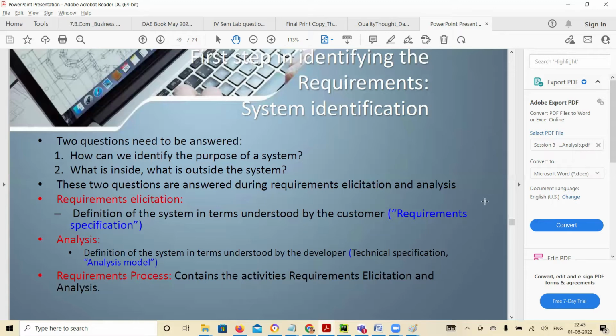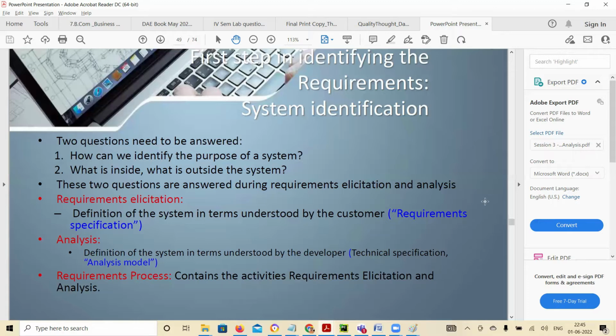No, I'm asking, what do you understand from requirement elicitation here? Stakeholder needs. We are gathering the stakeholder needs.